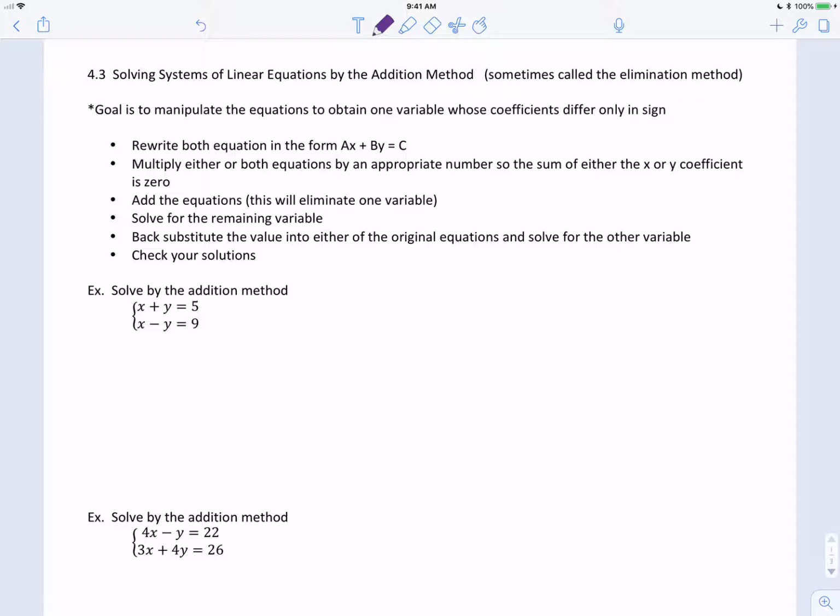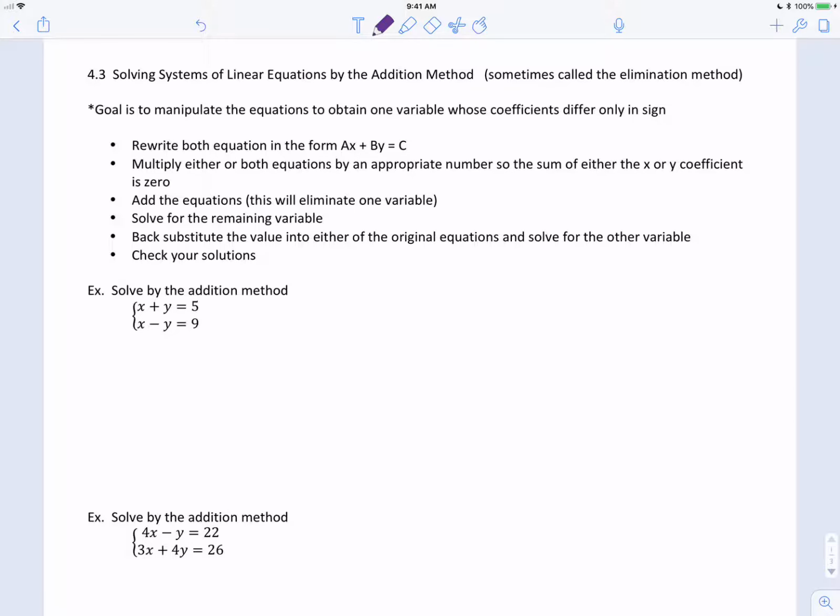We're just going to manipulate these equations a little bit in order to make that positive and negative coefficient on one of the variables be the same, so that one of them adds up to be 0.